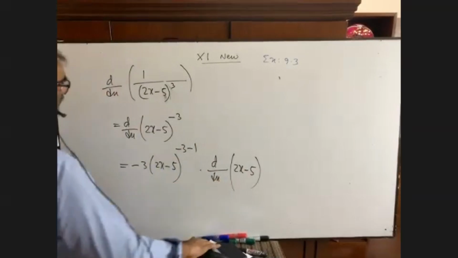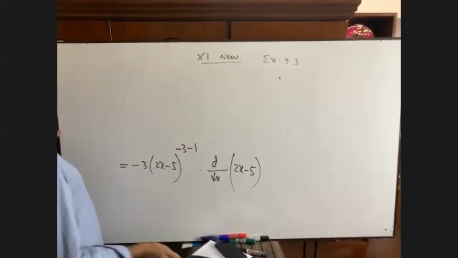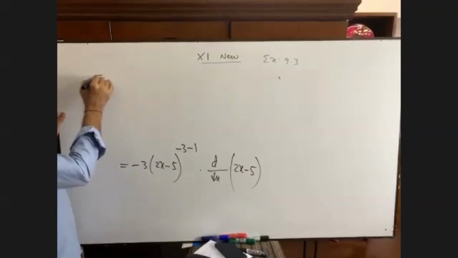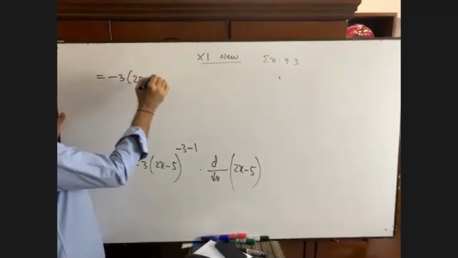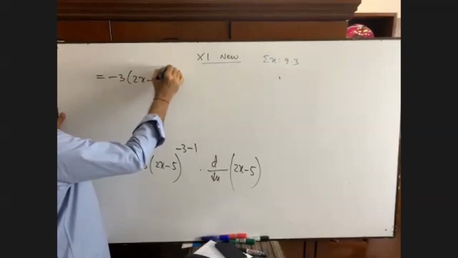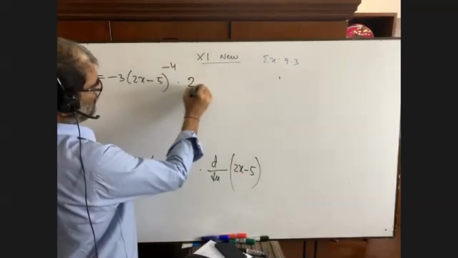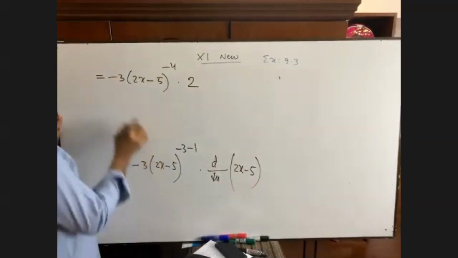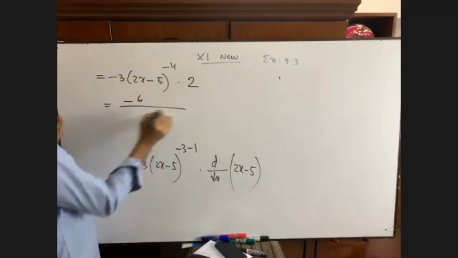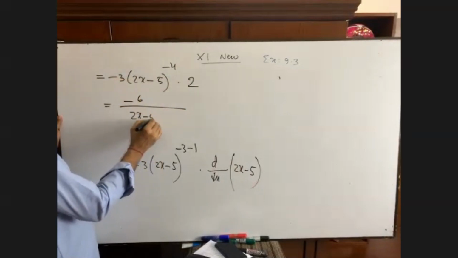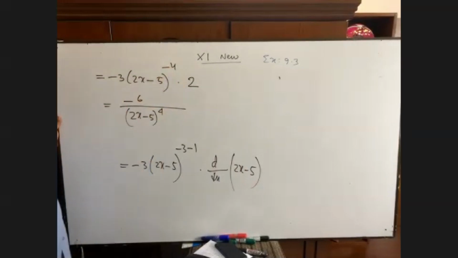That means we are getting here minus 3 (2x minus 5) whole to the power minus 4. It is what? Only 2, because the 5 is 0. So we are getting 2 into 3, minus 6 here, and 2x minus 5 to the power minus 4, so it is plus 4. It is the answer.